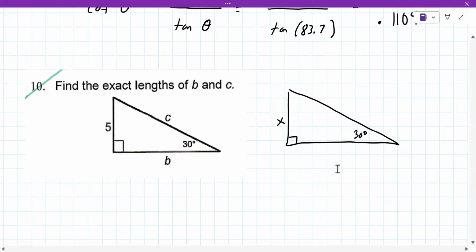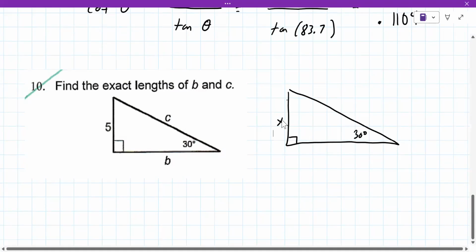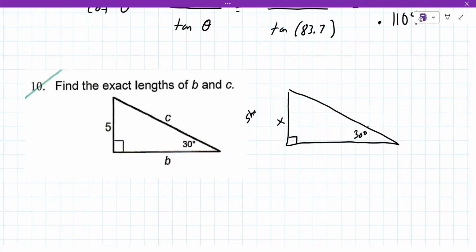The side across from the 30-degree angle is called the short leg. The hypotenuse up here ends up being double the short leg. And then down here at the bottom, it's x √3 for the long leg.